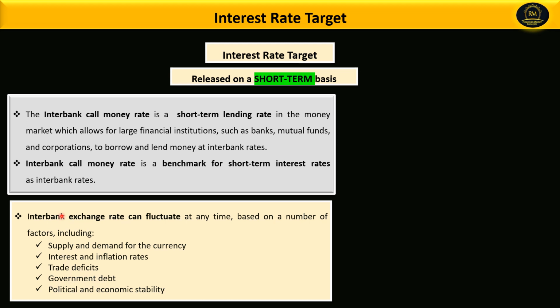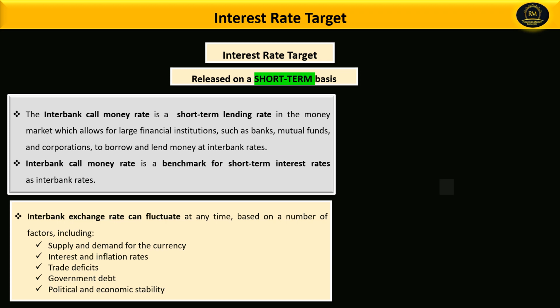All these factors play a very dominant role in the fluctuation of the interbank call money rate, which provides the short-term rate and gives the information to the monetary authority about the interest rate as an intermediate target.